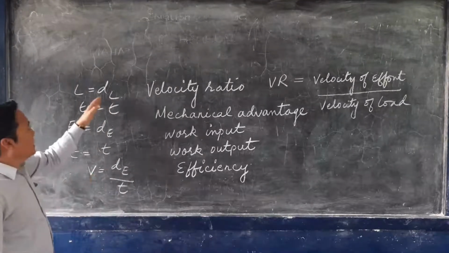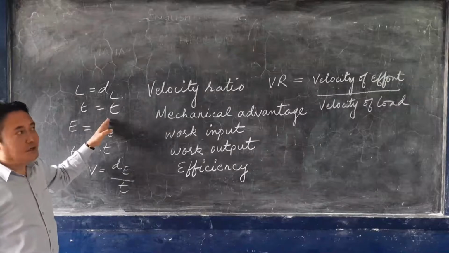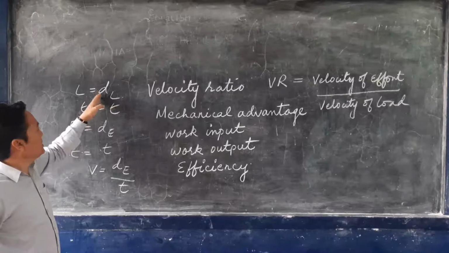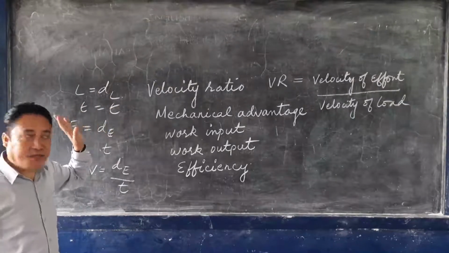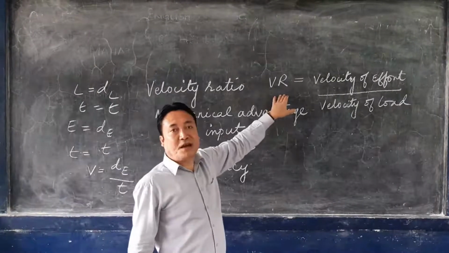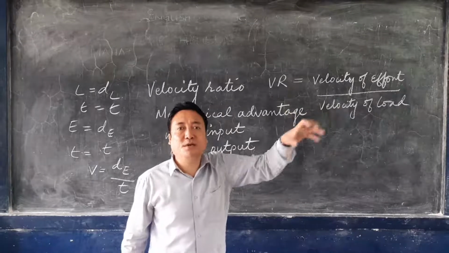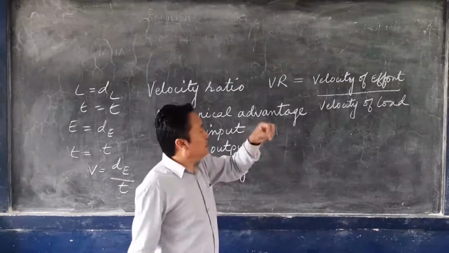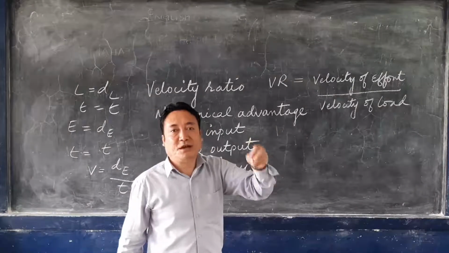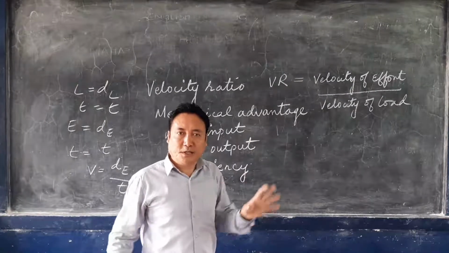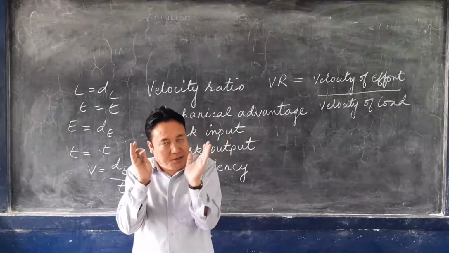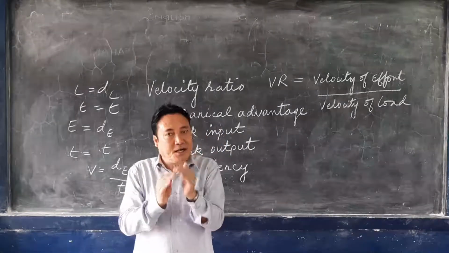So the velocity of load can be calculated as dL divided by t. In that way, you can find the velocity ratio, which is the ratio of the velocity of the effort to the velocity of the load. When you want to understand this velocity ratio, just think over the example of a car jack.